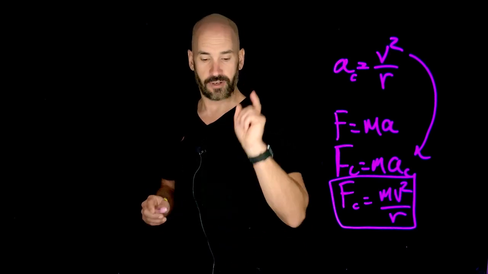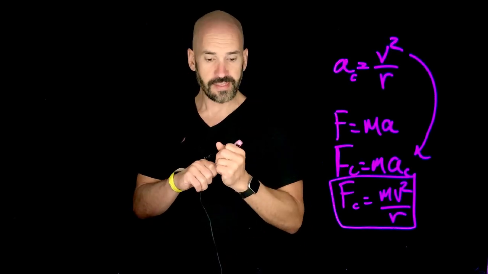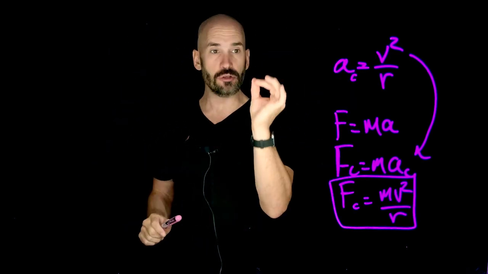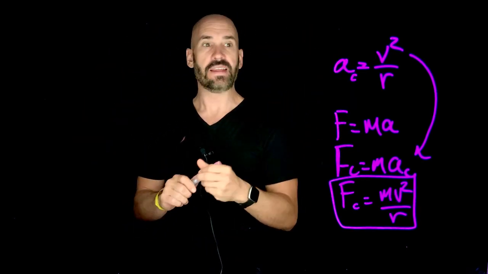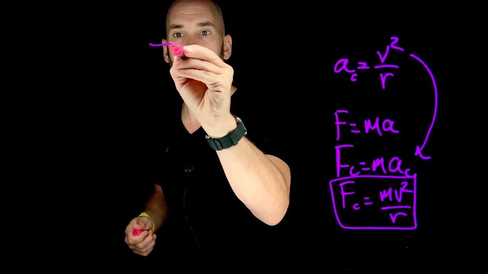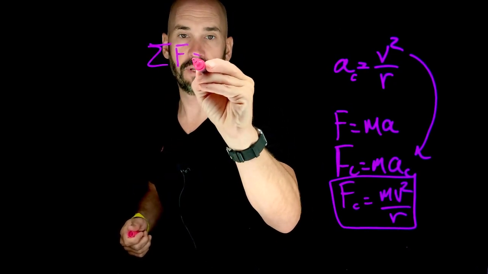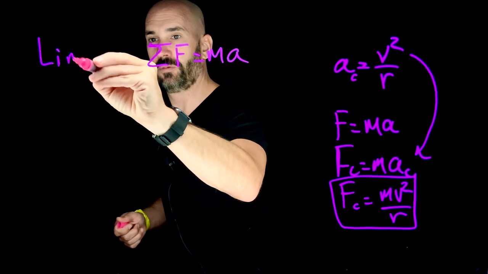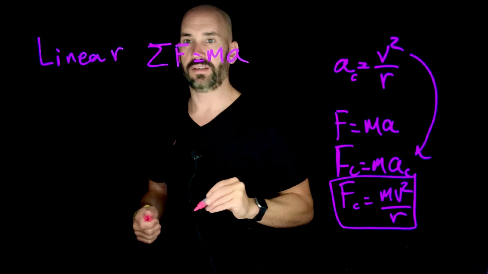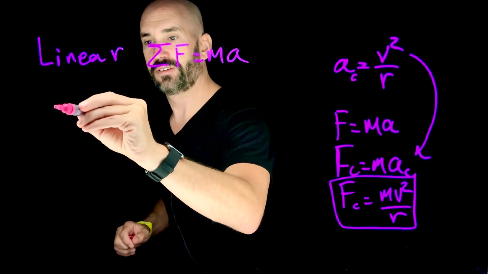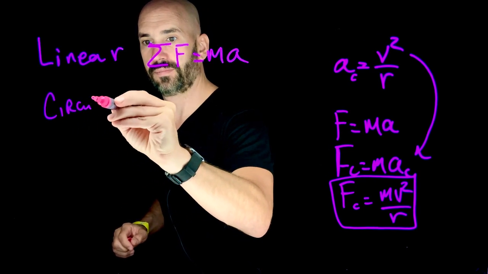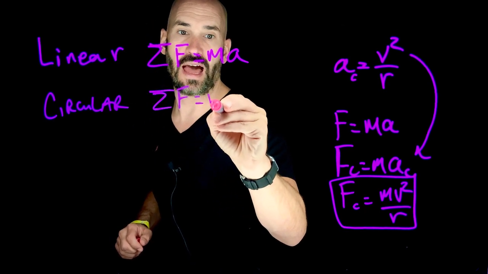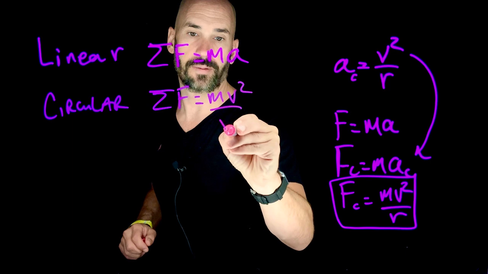And what this sets up for us is that in the world of circular motion, we have a new Newton's second law. Instead of the summation of forces being equal to ma, which is just for the linear world when things are moving in a line, in the circular world the summation of forces, or F net, is mv squared over r.